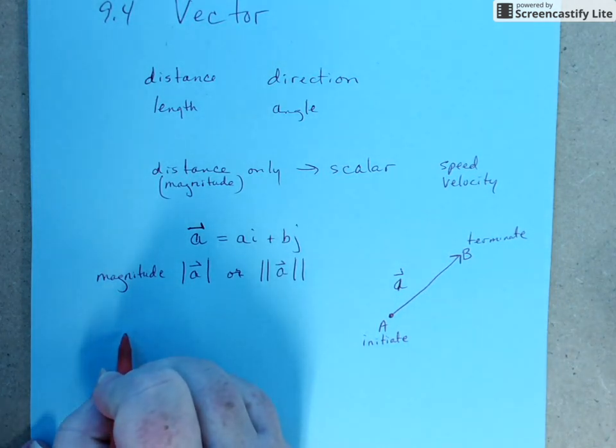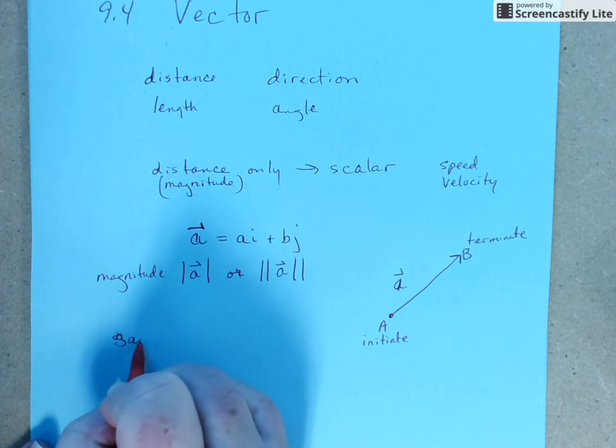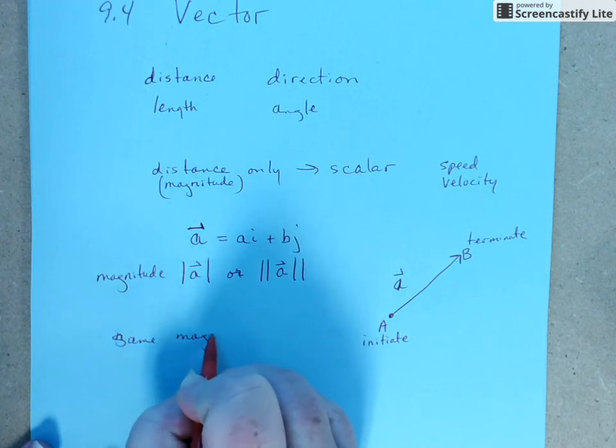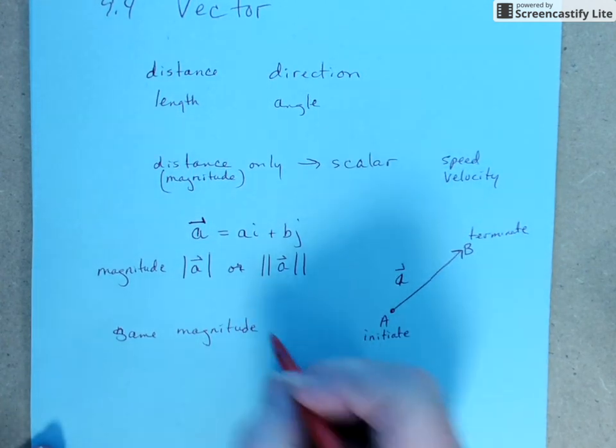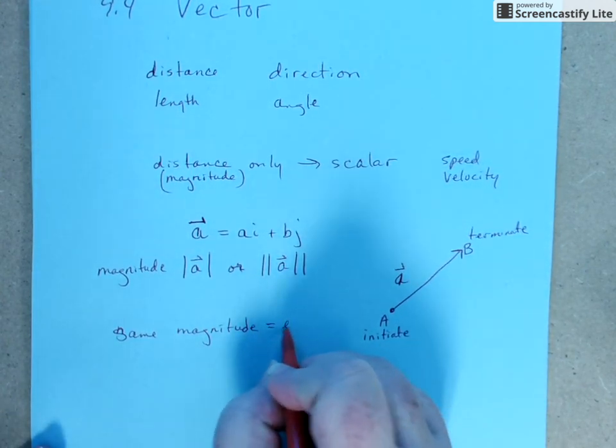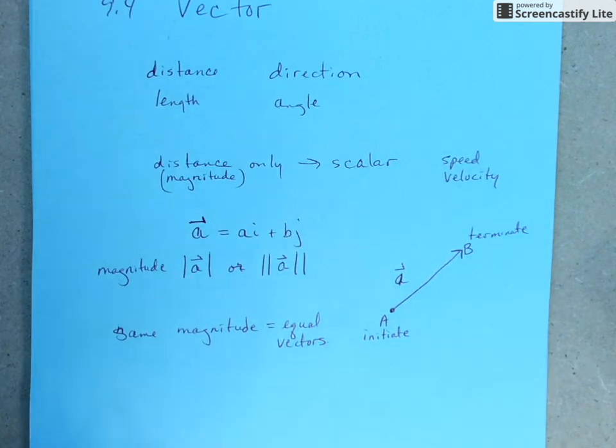If two vectors have the same magnitude, we say they are equal vectors.